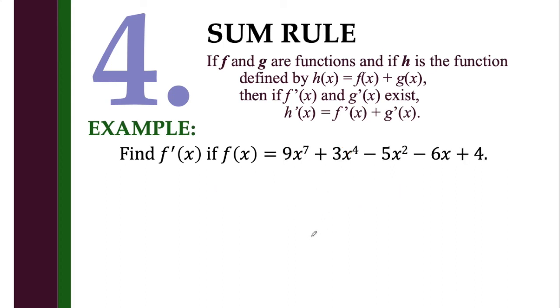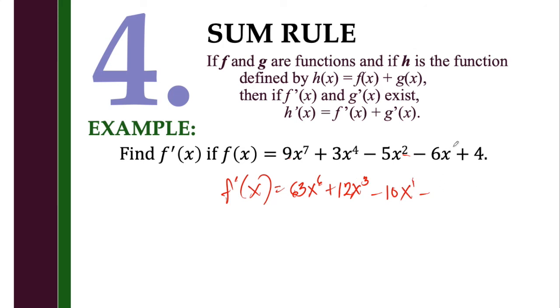If we have this function, so the derivative of that is 9 and 7, we have 63. Subtract 1, so that's 6. 3 times 4 is 12. Subtract 1, we have 3. Multiply 5 and 2, we have 10. Subtract 1 here, so we have 1.